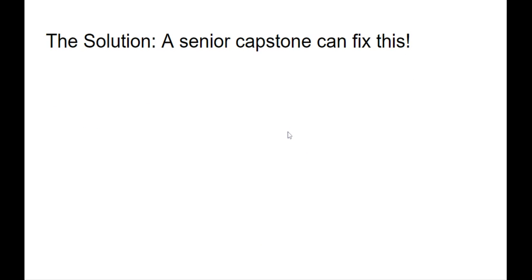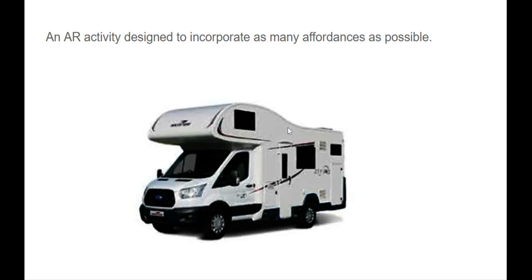Obviously, I think that the solution is we build an AR game over the course of a senior capstone. We can build an AR activity that is designed specifically to incorporate as many of the affordances that we looked at earlier as possible.